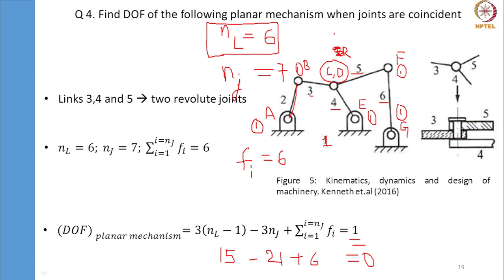So yes, this is 2 revolute joints, and this comes out to be 7 here. Then it is 1. I made a mistake here, I'm sorry for it. This constitutes 2 revolute joints, so sigma Fi comes out to be 7 and not 6.